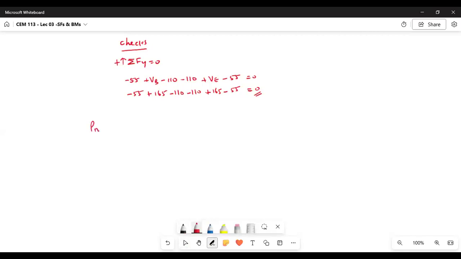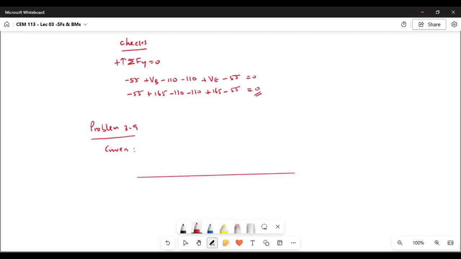Given. So we have a support here, and we also have a support here.